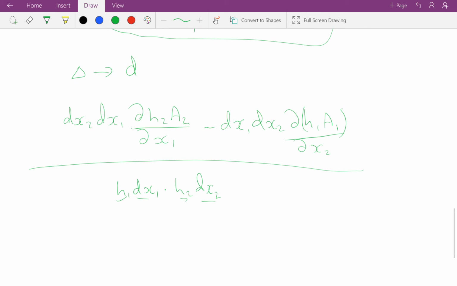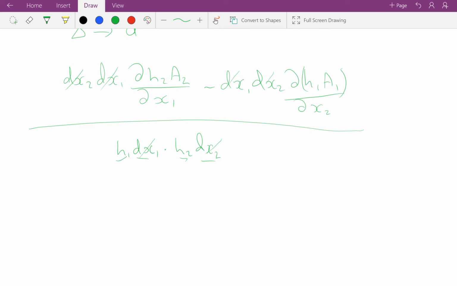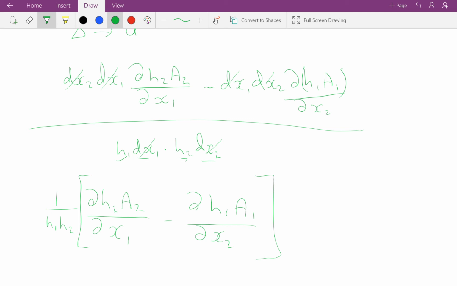And then we get some nice cancellation, and we're going to end up with 1 on h1 h2 times del h2 A2 on del x1 minus, so that 1 on h1 h2 is on both, del h1 A1 on del x2.